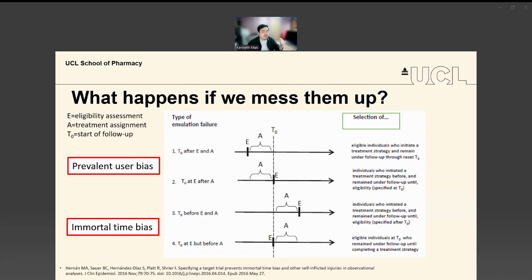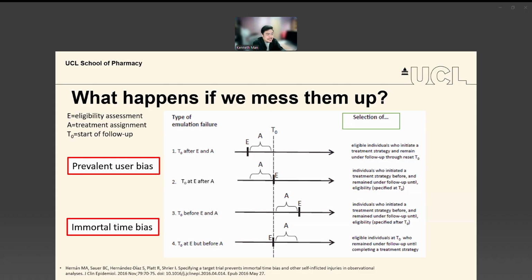In reality, many observational studies may not be able to align all these three components at once. If there is a misalignment, let's say you have your treatment assignment before you start follow-up, then you may be suffering from prevalent user bias.